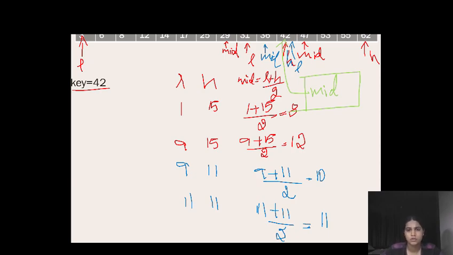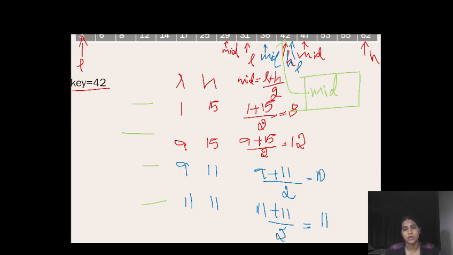We have found the key in 4 comparisons, because we used the binary search algorithm. If we use linear search to find the same key, that is 42, we need 11 comparisons, because the key 42 is at the 11th position.